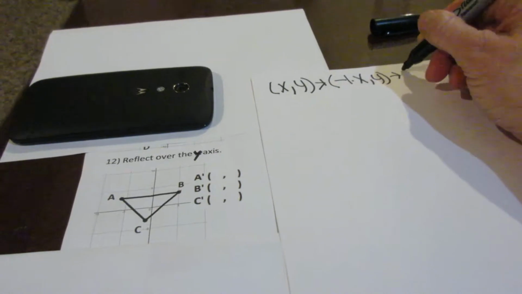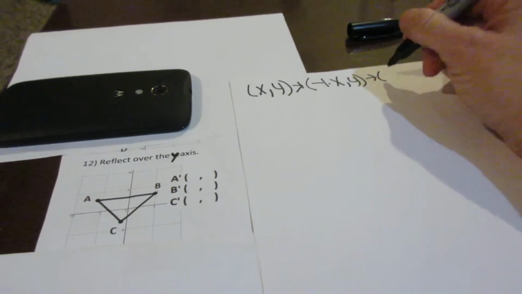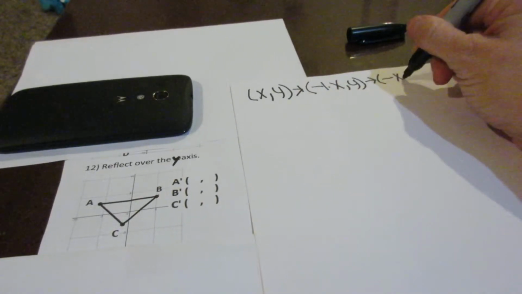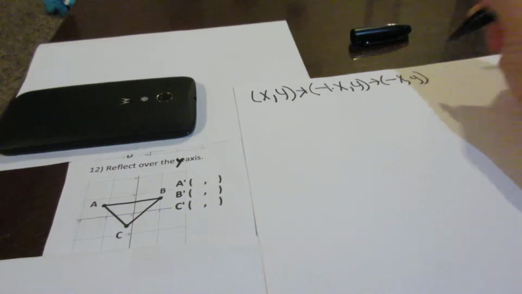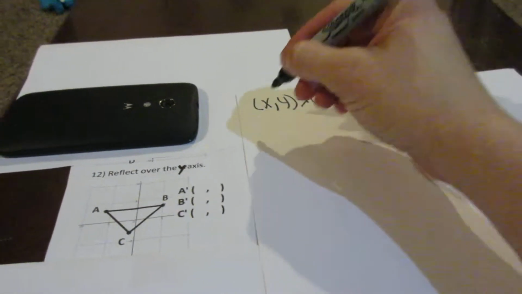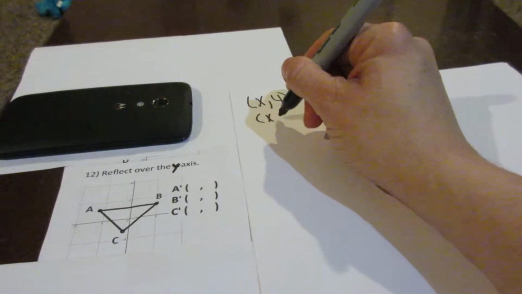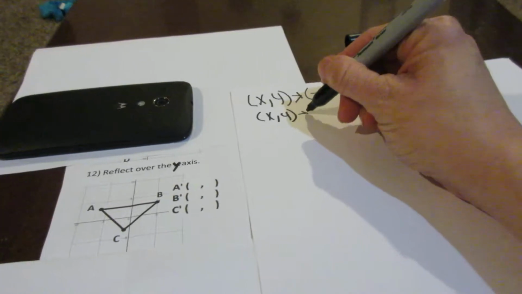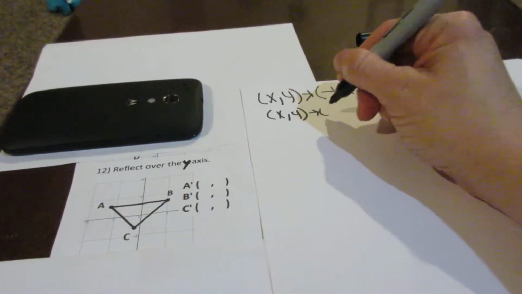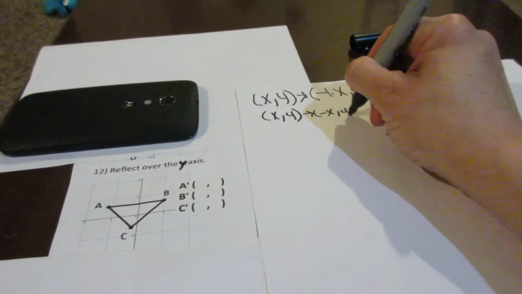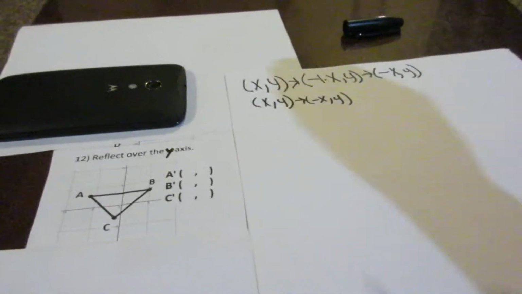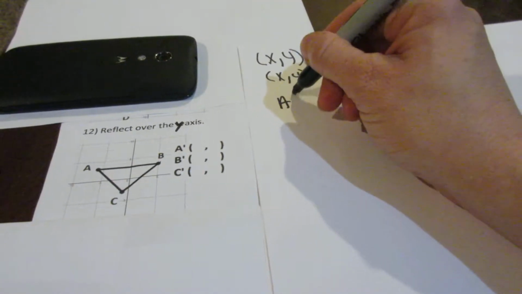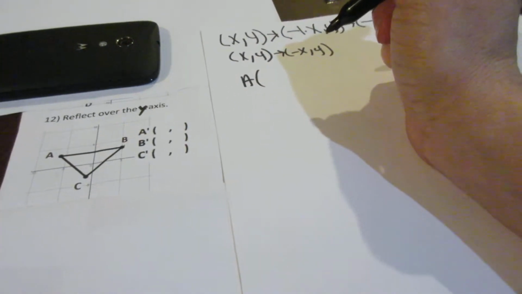Or, and this is the way I'm going to say it the rest of the time, it's going to be -x, y, which is the same as -1 times x, y. So the rule that I'll be using in its shortest form is, again, -x, y.